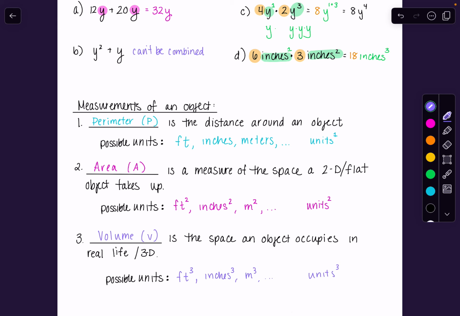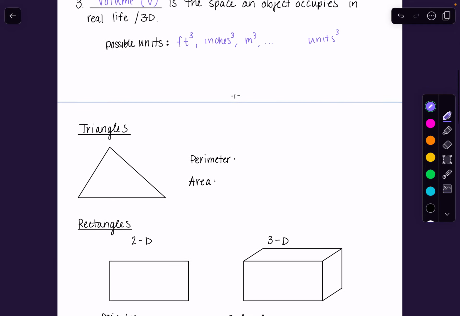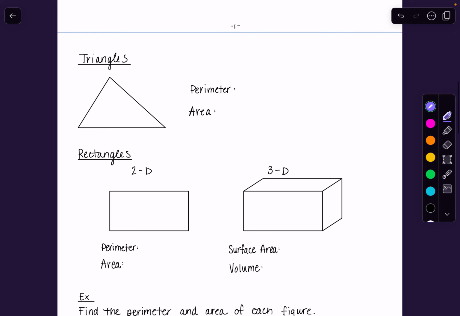Okay. So what we're going to do for the remainder of this section is look at just basic shapes and go over all the different types of formulas we're going to be working with. So the first two we're going to start out with are triangles and rectangles.